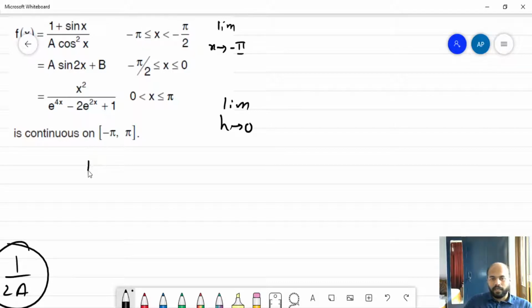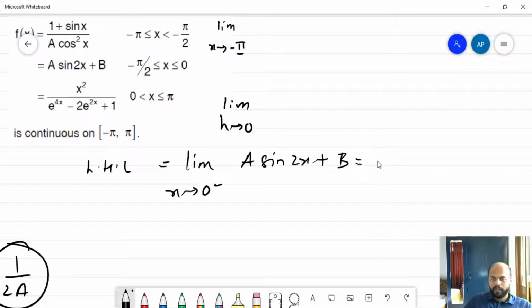So this time LHL is going to be the limit x tending to 0 from the negative side of a sine 2x plus b. So if I apply this over here, it's going to be a sine of 2 times 0 minus h plus b. So this time the limit, when we apply h, is h tending to 0.